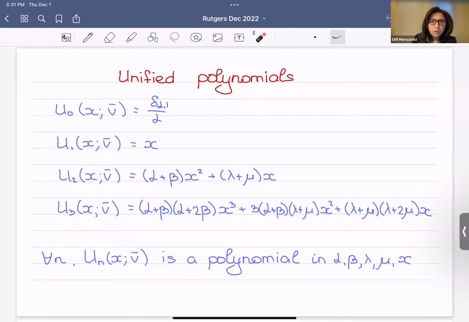They will be polynomials in variable x and parameters alpha, beta, lambda, mu. So here we can see this is u_0, and here we can see our compensation, but then from index 1, we already get polynomials, and we can see here a symmetry between the pairs of parameters, alpha, beta, and lambda, mu.